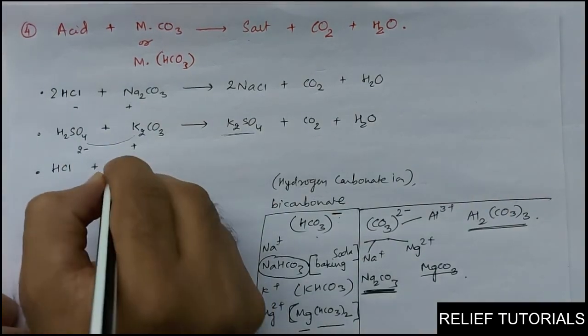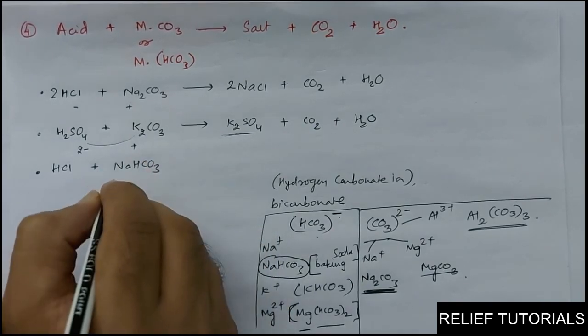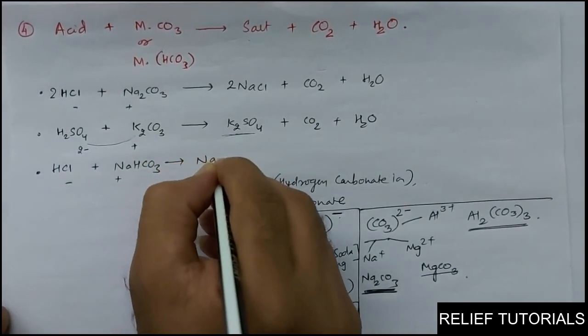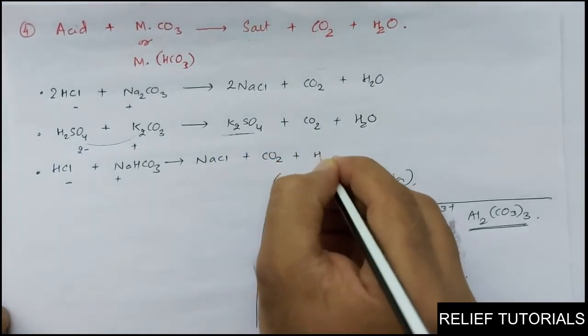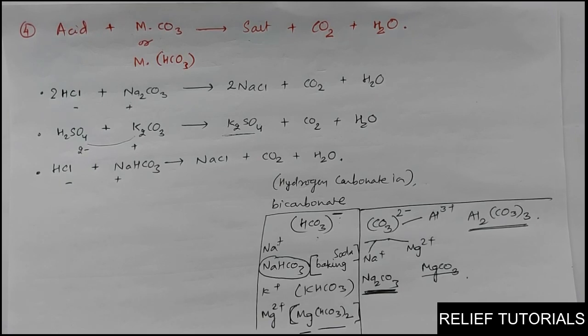So HCl plus NaHCO3. So Na is plus and Cl is minus, forms salt NaCl plus CO2 plus H2O. I think the equation is balanced. No need to take more examples on this, it's enough.